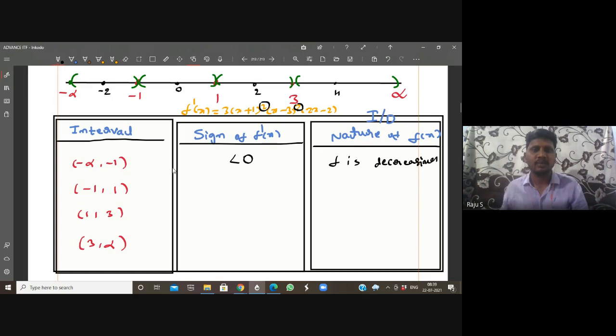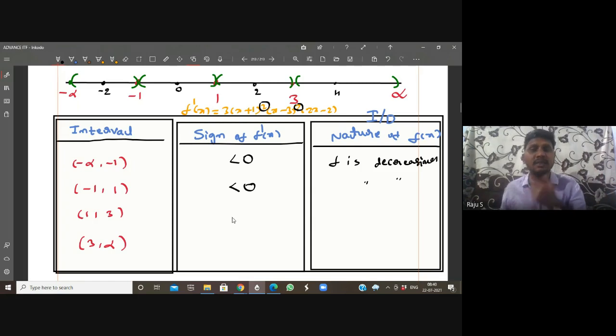Okay, right. Now, minus 1 to 1. Minus 1 to 1 means simply put 0. Again the first two values are positive because square is there. The 2x minus 2 value, lesser than or greater than? Lesser than 0. Am I right? Same, f is decreasing.